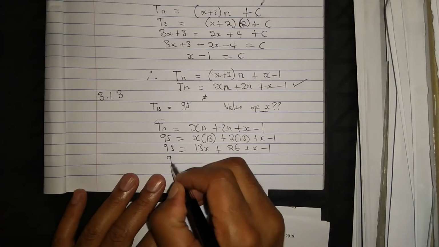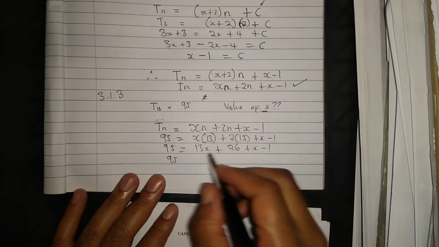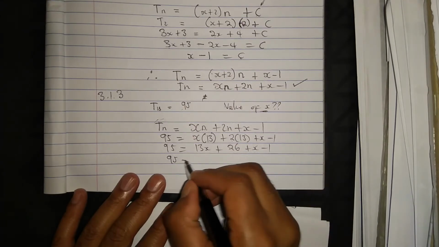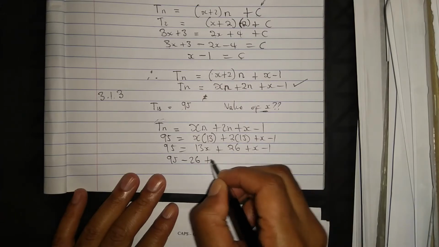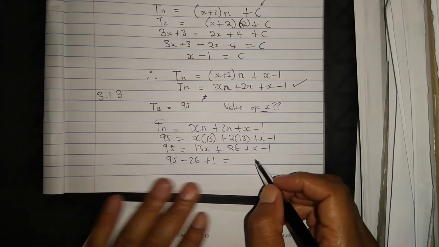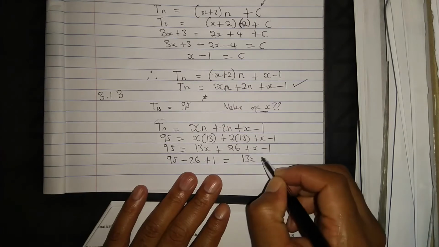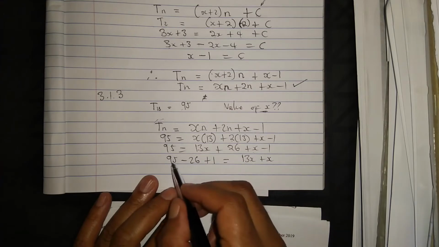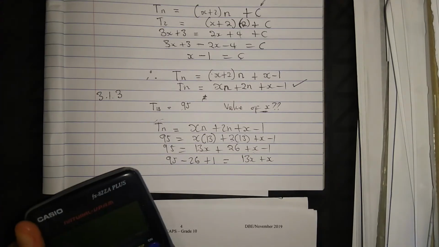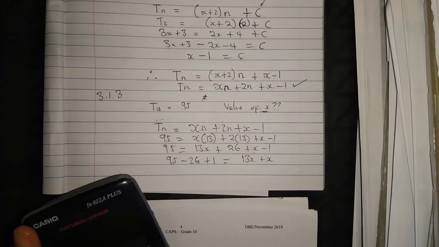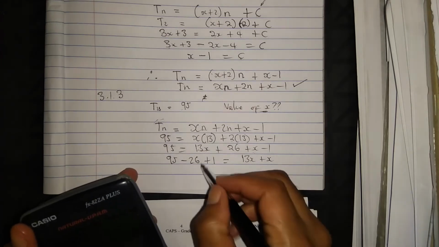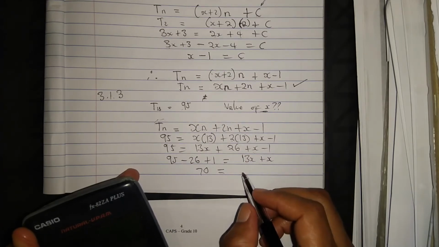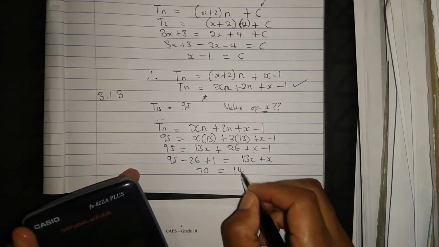So therefore, simplify this linear equation. The 26 I transpose to become minus 26, and this 1 I bring here, because I want the like terms with the variable x to remain. What remains is 13x and x. 95 minus 26 plus 1 is 70. 13x plus x is 14x.